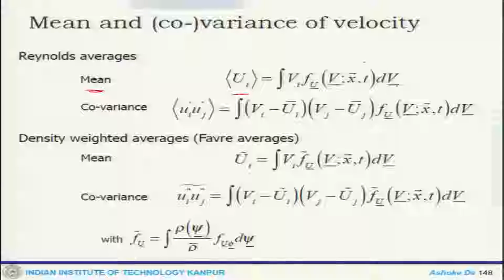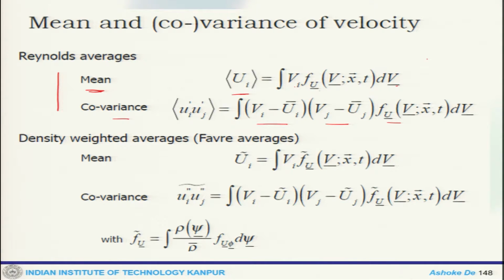As we have seen earlier, this is the nth moment with n equal to 1. For covariance, n is 2, so that is the product of the differences of two velocity components and the integration of this PDF function over the velocity space. That is how you get the mean and covariance, and these are the terms required to close some of the unclosed terms that arise in the equation.